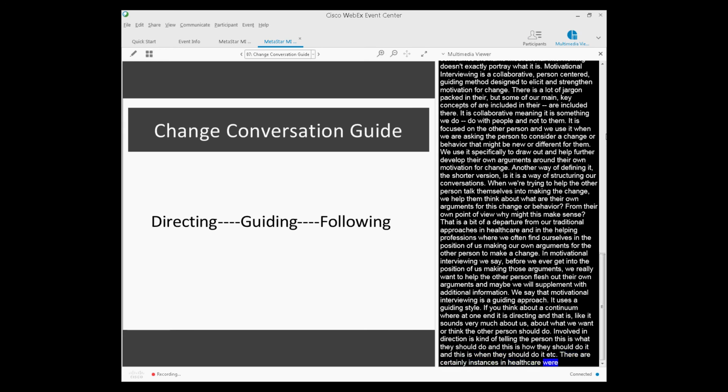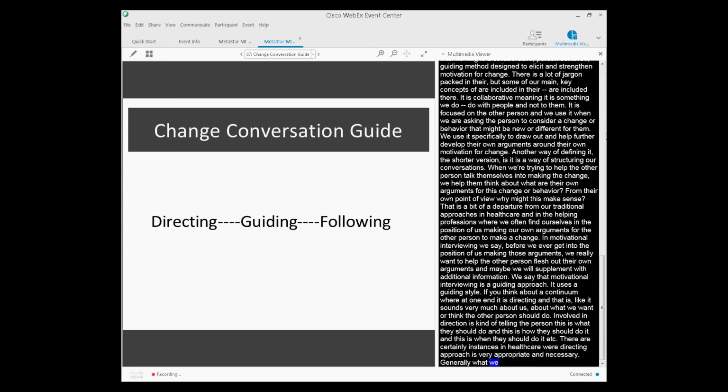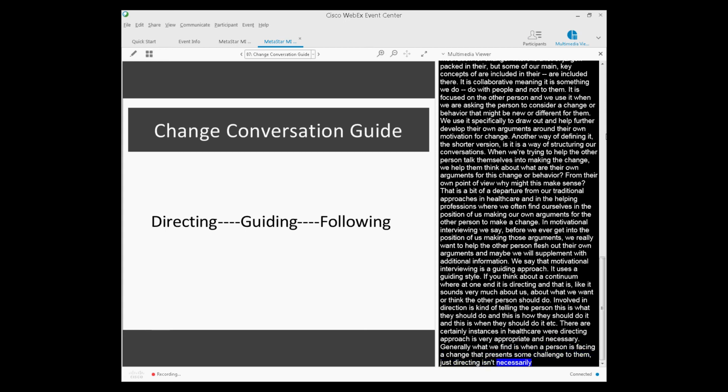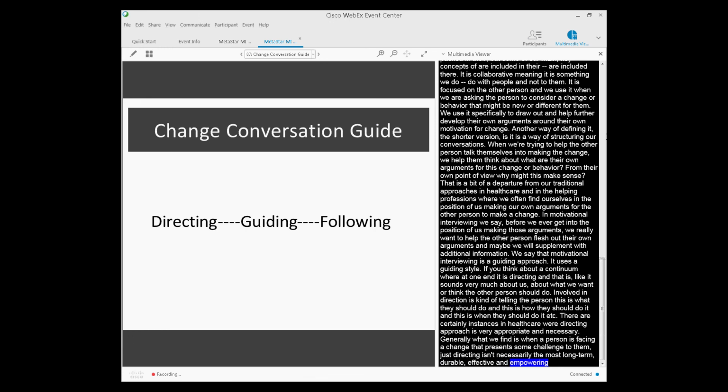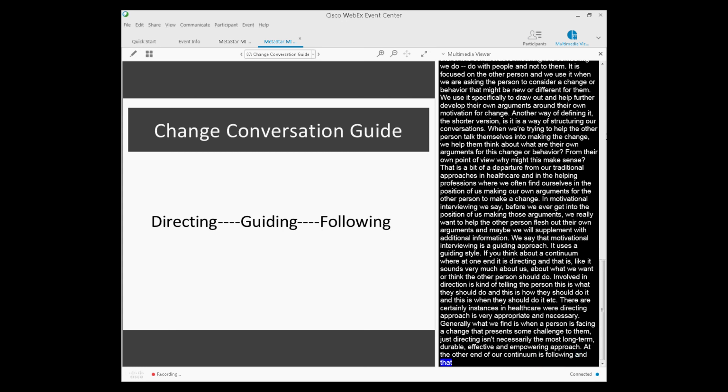Generally what we find is that when a person is facing a change that presents some challenge to them, just directing isn't necessarily the most long-term, durable, effective, and empowering approach. At the other end of our continuum is following, and that might be where we really let the other person be totally in control.